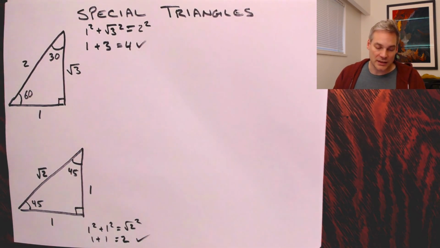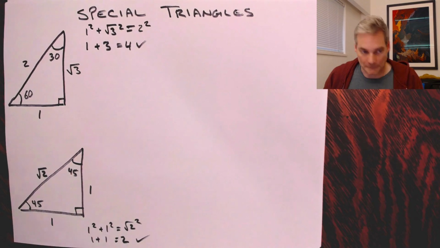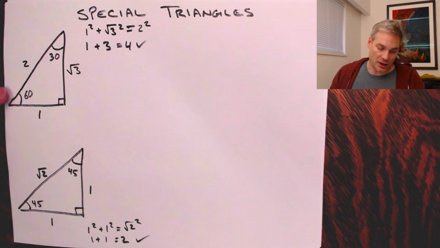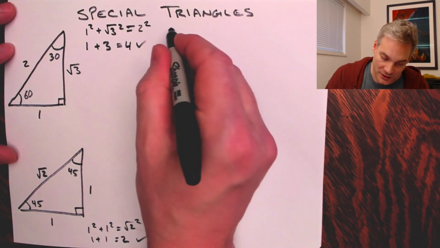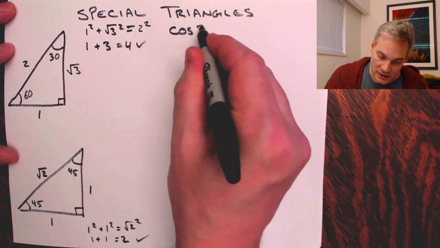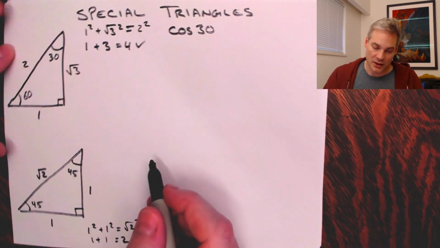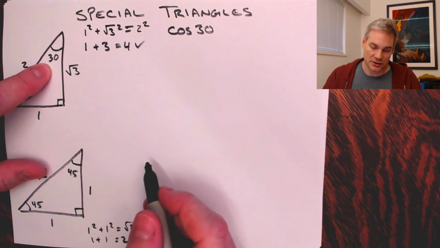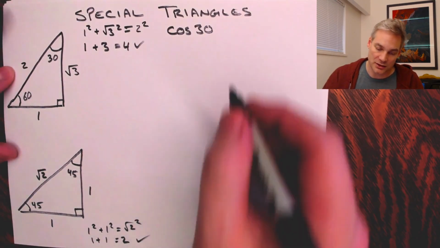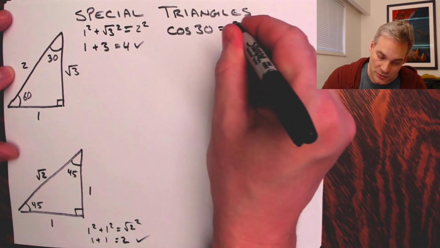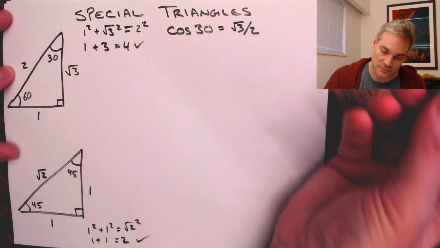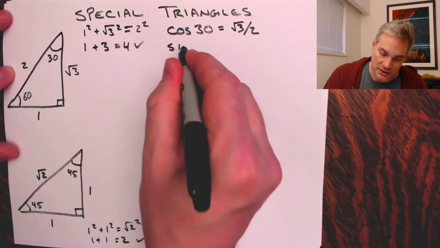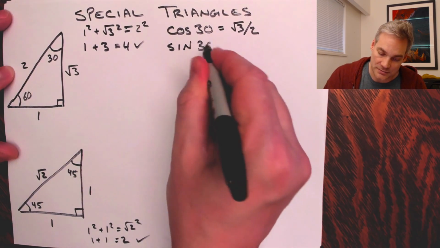That's good. Now, we want to use these to find the ratios for SOHCAHTOA. We'll just start with the top. Let's say we want to find the cos of 30 degrees. The cos is the adjacent over the hypotenuse, so this is just root 3 over 2. What's the sine of 30?